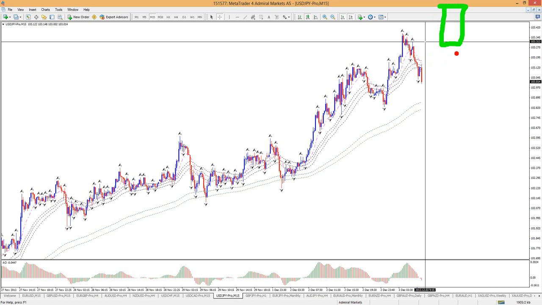But I would check what the risk is when placing the stop loss below the band, for example, this moving average band. If that is more than 40, then I would skip it. If it's around 20, 30, it would be okay.